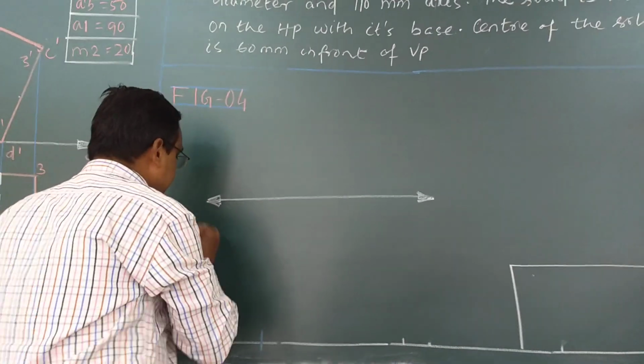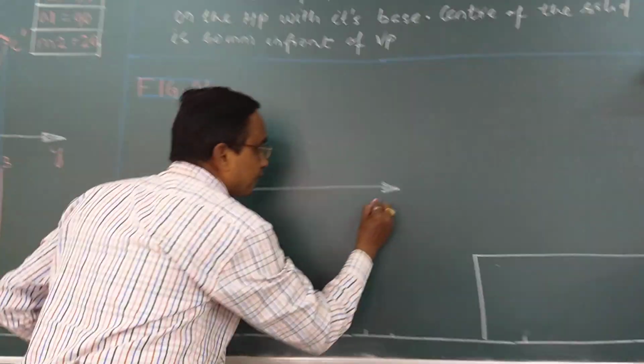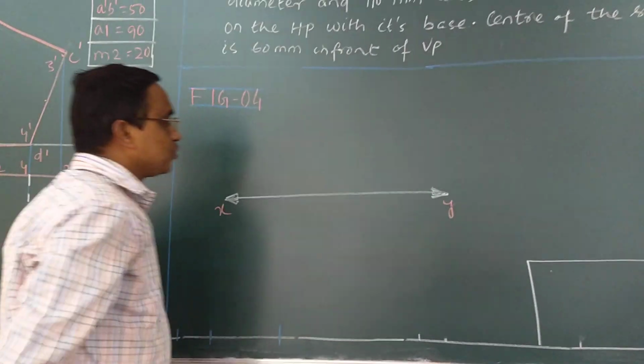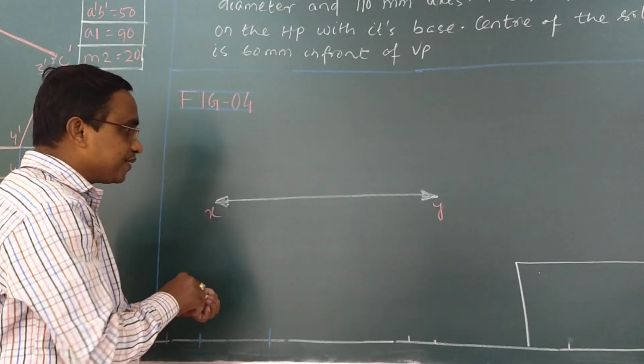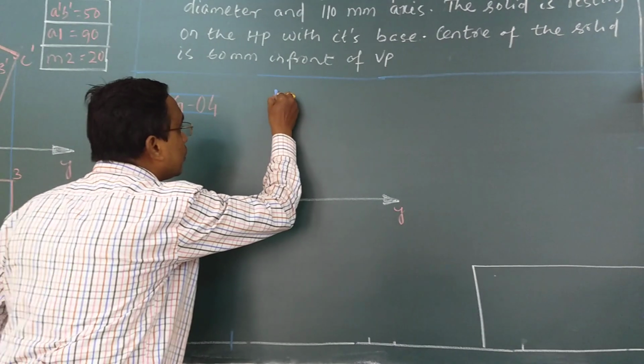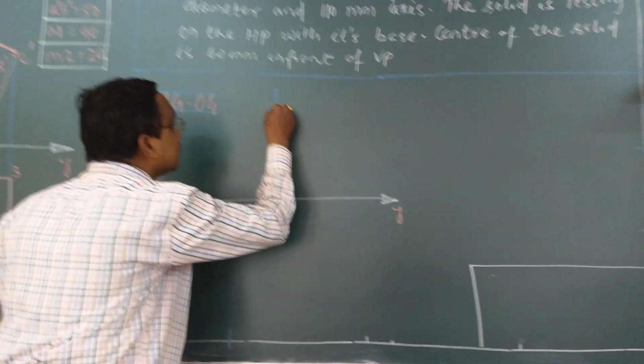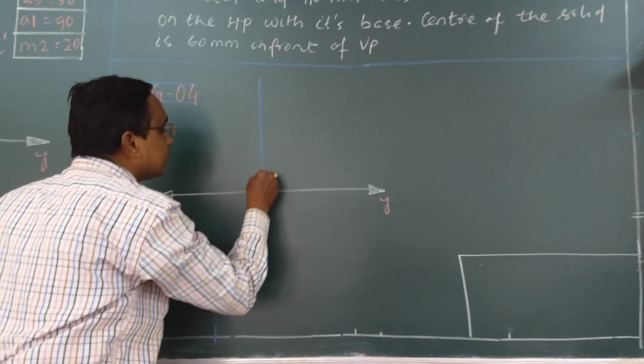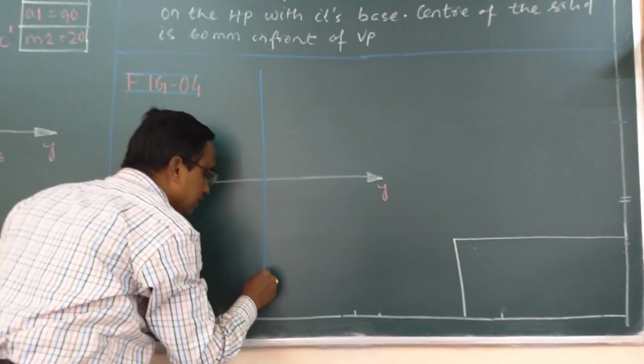On XY you mark the midpoint and draw a perpendicular line, a thin line.